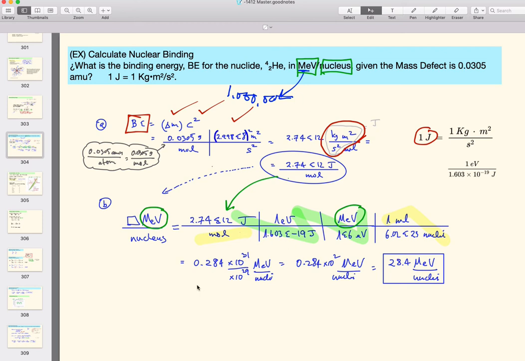When we multiply that out, we wind up with 28.4 mega electron volts per nucleus. And now you see why we tend to deal with mega electron volts. When we start dealing with individual nuclei, it's a number that's pretty manageable. It puts it on a scale that we can easily comprehend.